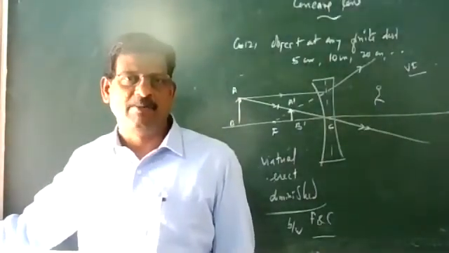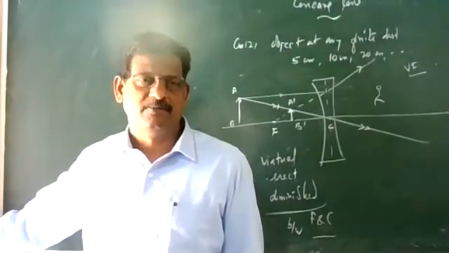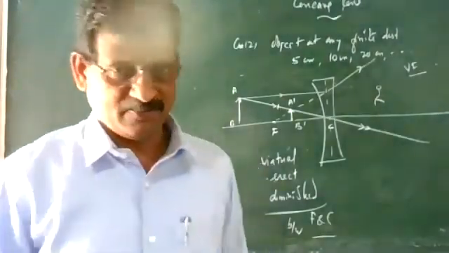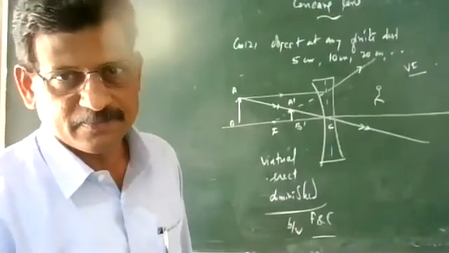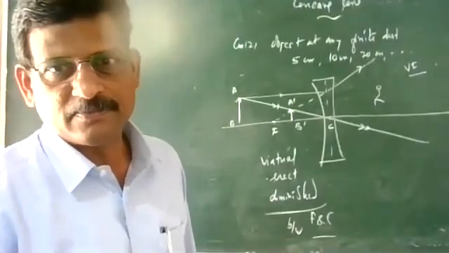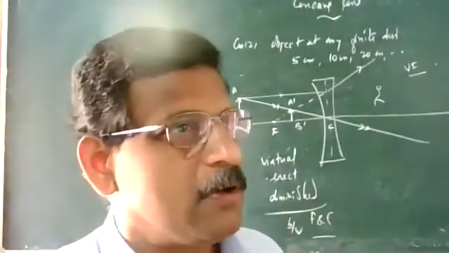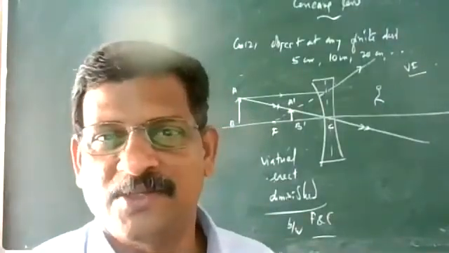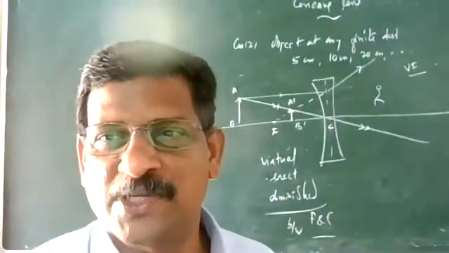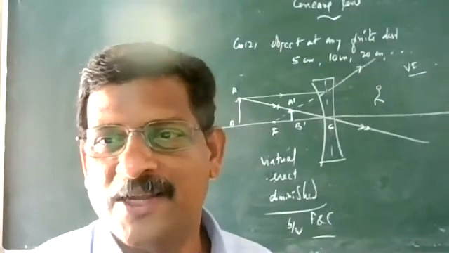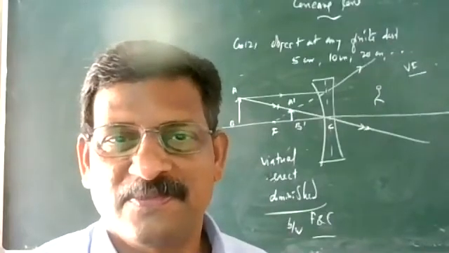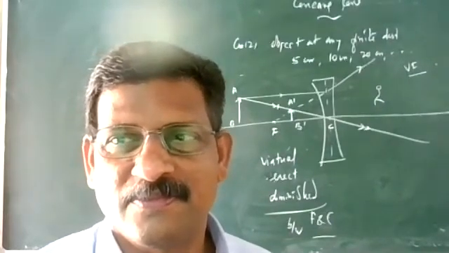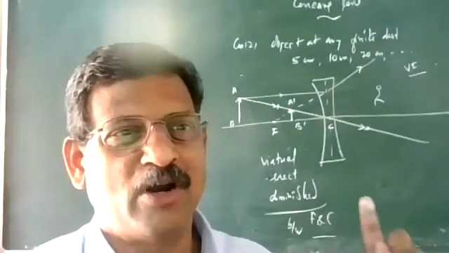So tell me the type of lens which produces a virtual diminished image. Convex lens or concave lens? It's a concave lens. Tell me the lens which produces a virtual enlarged image. That is convex lens.